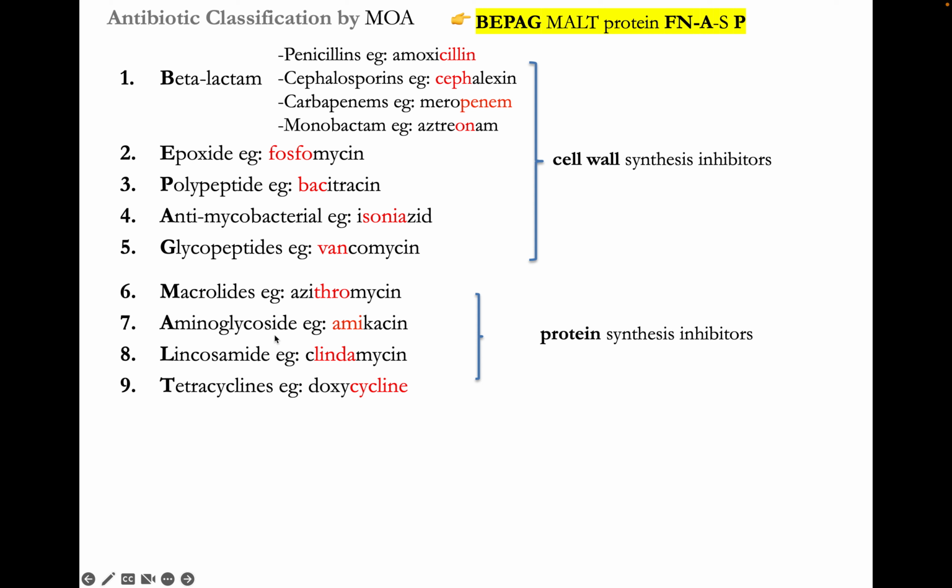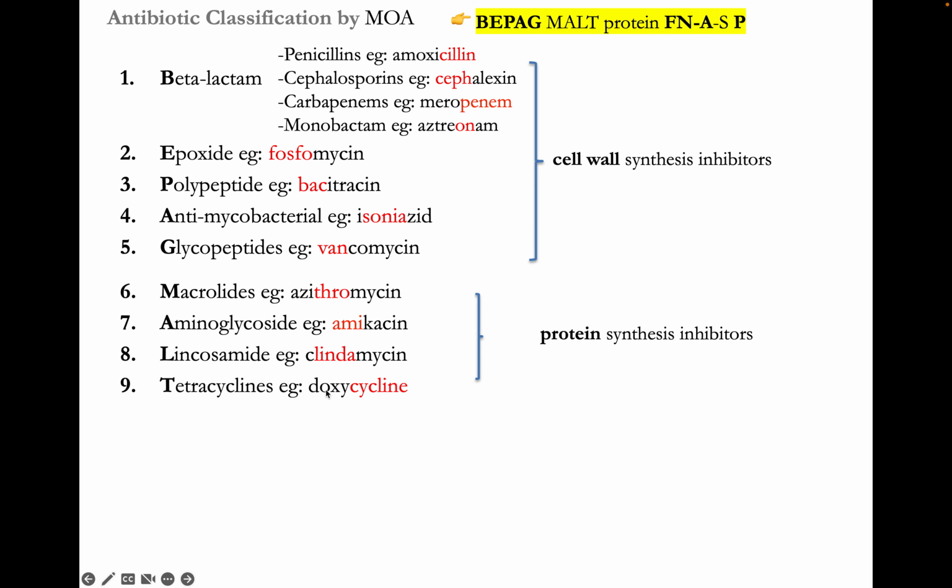Then aminoglycosides, amikacin, Amy, that's what I remember. Lincosamide, clindamycin, this is a famous drug. This drug is actually very notorious for causing C. diff diarrhea. How I remember is Linda goes to Lou, or Linda Lou. Anyway, lincosamide, clindamycin, remember that.